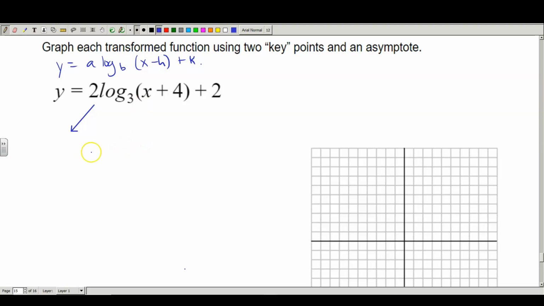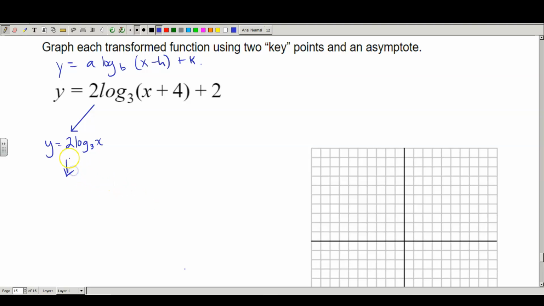And all we're going to start with is, let's just think about y equals 2 times log base 3 of x. Let's think about this function without the h and without the k value to simplify it a little bit, and then we can think about the shift left, right, up, down.